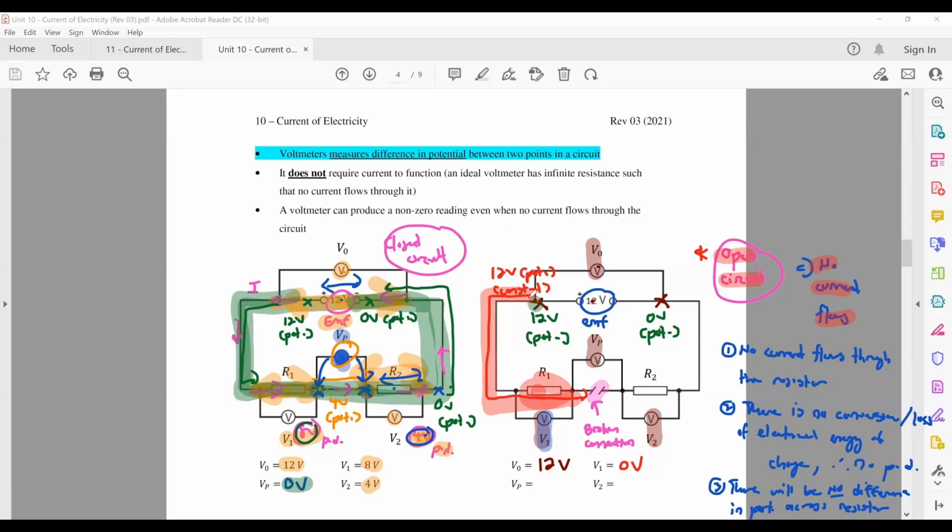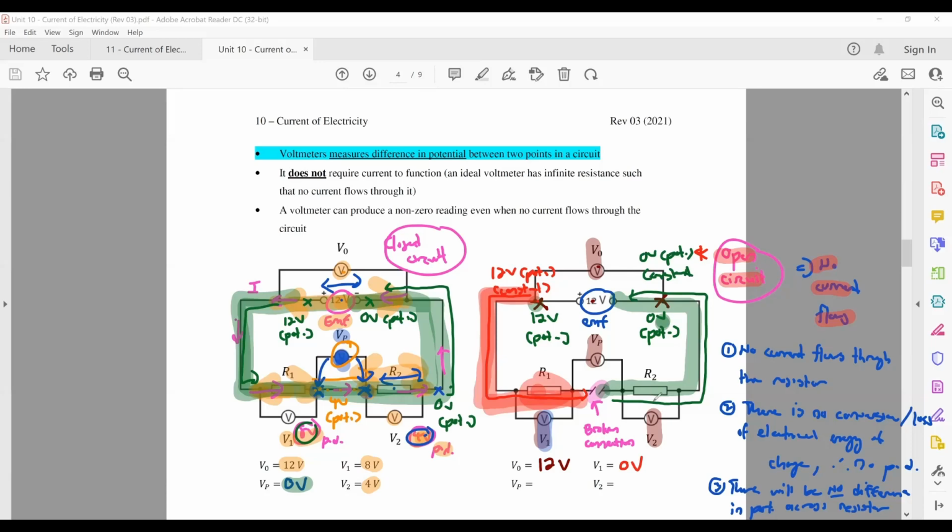Now your potential remains constant at 12 volts up to here. If you look at the other side, this part was 0, right? Your potential again will remain constant up to this point. Here we'll tell you that up to here, 0 volt potential is constant.